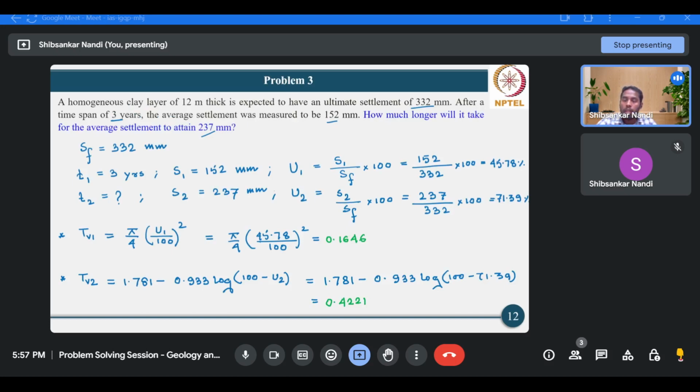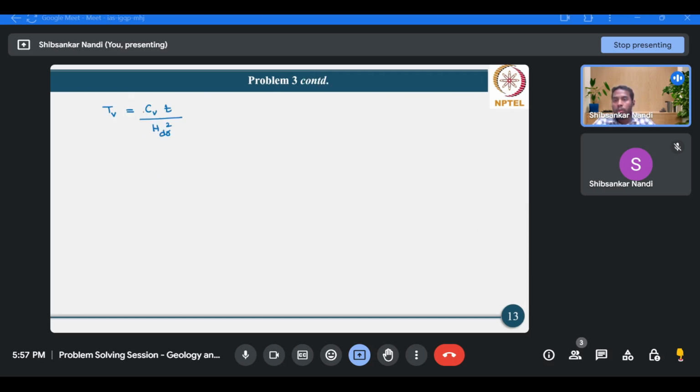We are dealing with the same soil layer, that is a homogeneous clay layer of 12 meter thickness, and therefore this CV value and this drainage path length HDR will be constant. So for this specific layer, your CV and HDR will not change. This will remain same.